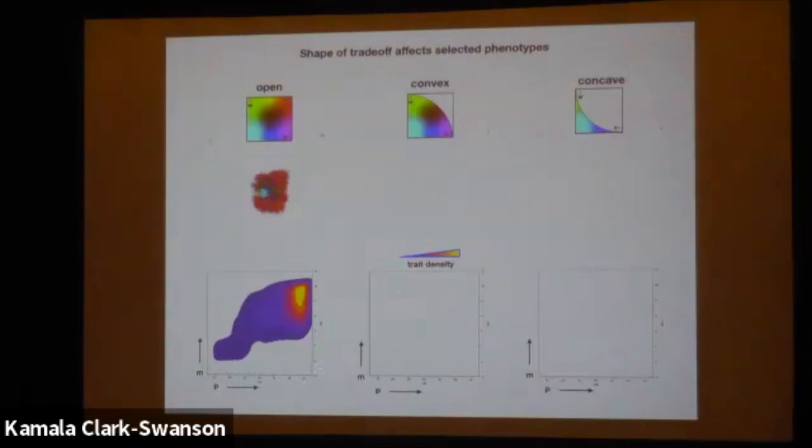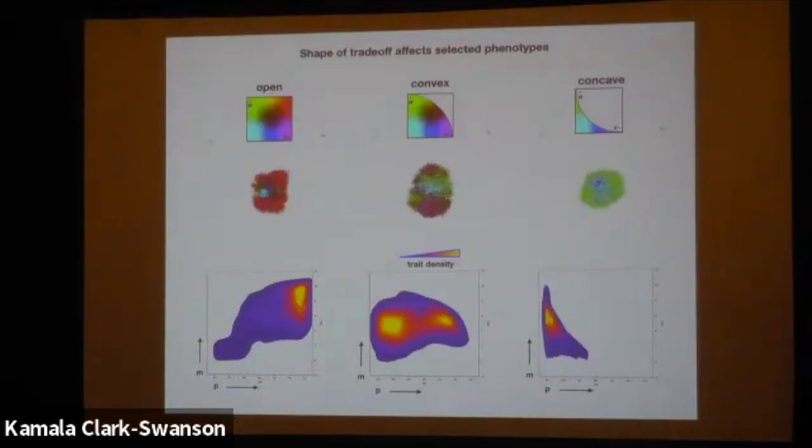So when you have an open trade-off, so no trade-off, this is what happens. It moves towards that high proliferation, high migration. And the other two, I'm showing you different trade-offs. With the convex trade-off, you can actually see it split into two different groups, some that are faster at migrating, some that are faster at proliferating.